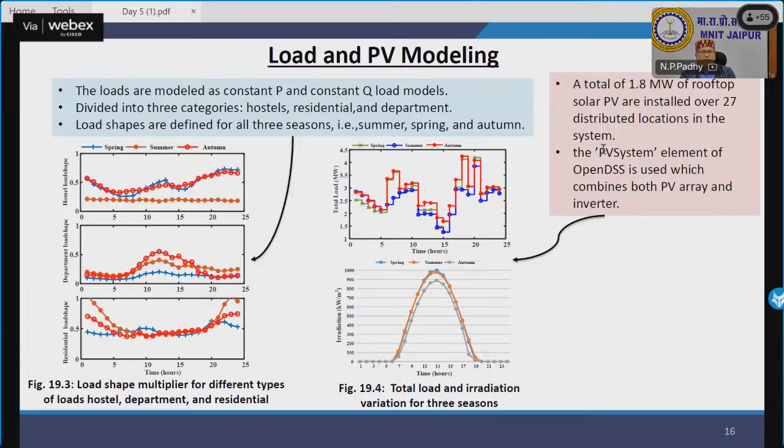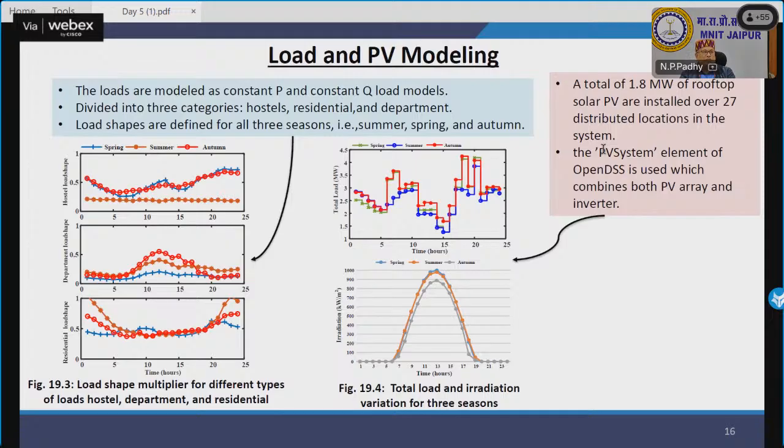And we try to simulate a total of 1.8 megawatt rooftop solar, because there is an interesting story. When we started working on this problem, we had only 1.8 megawatt of PV. After that, we put in another 1 megawatt, and it became 2.8. So when we carried out the case study site visit by students and staff, at that time the true simulation was carried out with 1.8 megawatt PV.